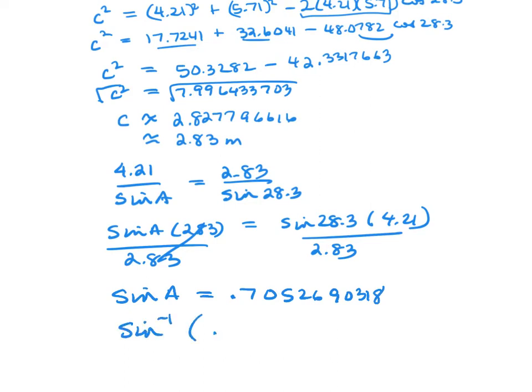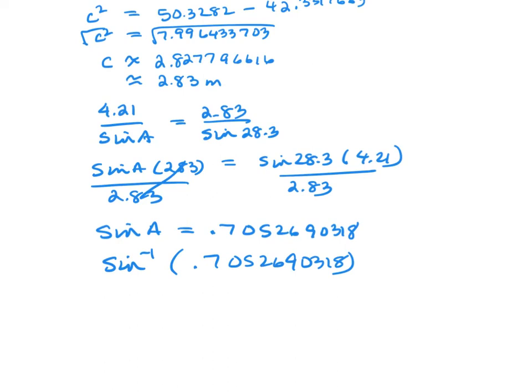Again, I'm looking for an angle measure. So I'm going to do sine negative 1. Hit enter. And I find that angle A is equal to 44.85. I'll round it to the tenths place, so 44.9.